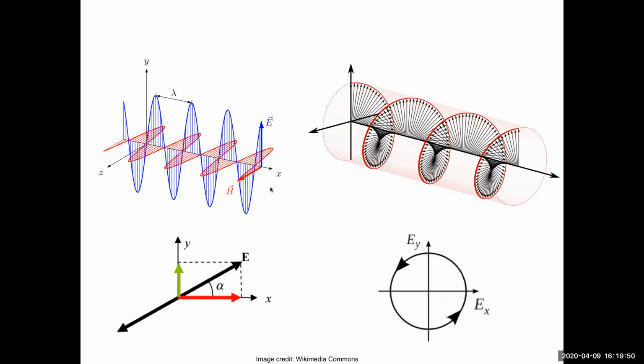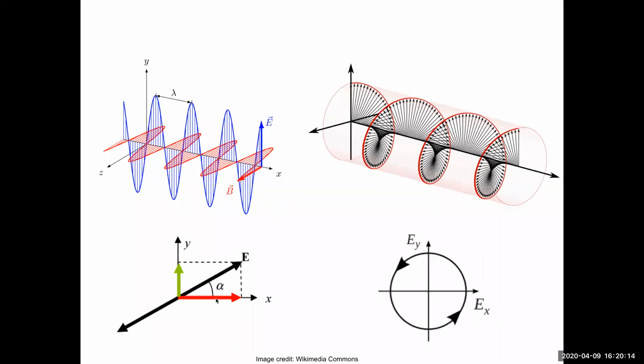Mm-hmm. Yes, although, and this comes back to what I said in the beginning, any wave you can describe as a combination of a vertical wave and a horizontal wave at the same time. You can effectively break it up into two waves. That's what this diagram is supposed to show.